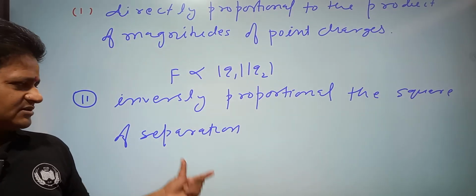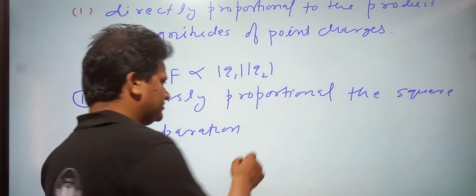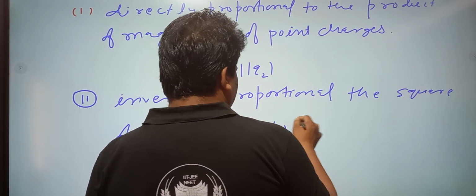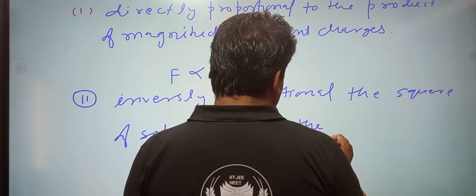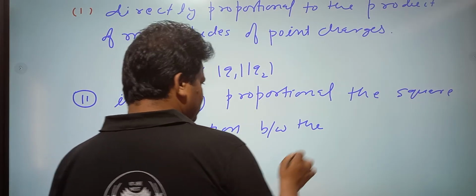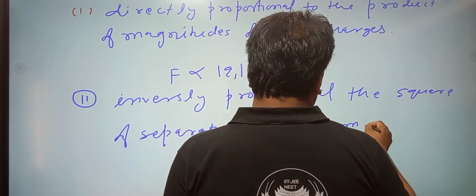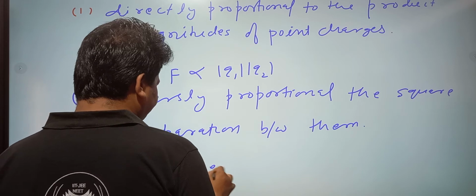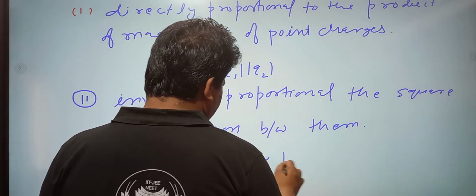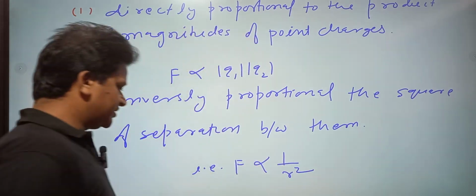Separation between them or between point charges, both are the same. That is, F is inversely proportional to the square of the separation between them.